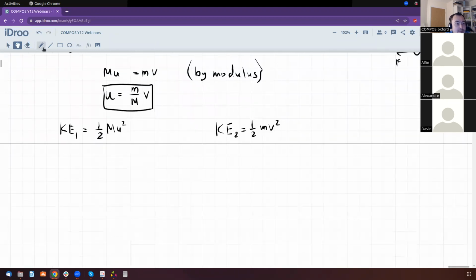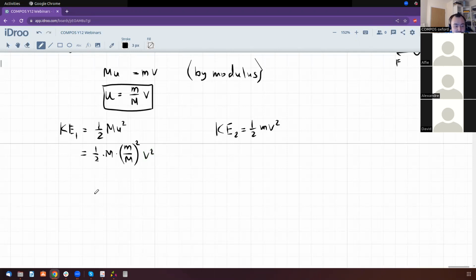Now, if I substitute, so that is equal to 1/2 multiplied by m multiplied by (m/M) squared v squared.